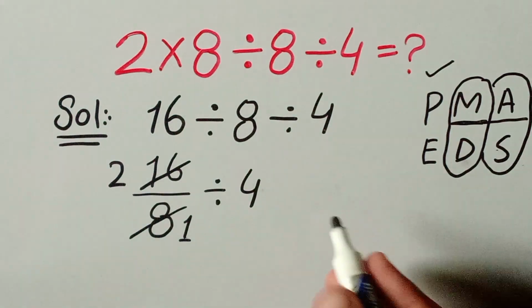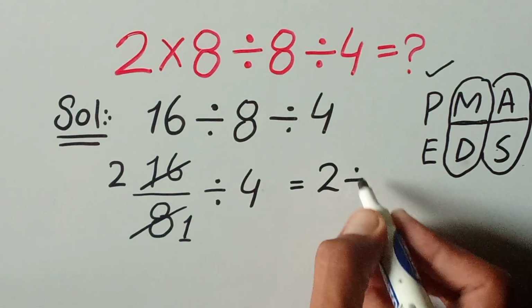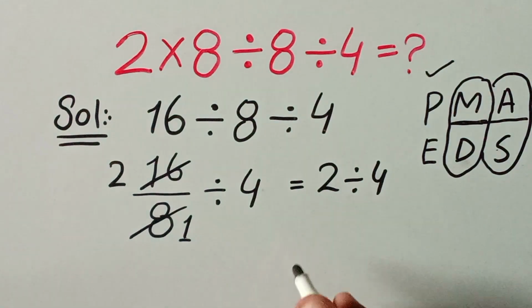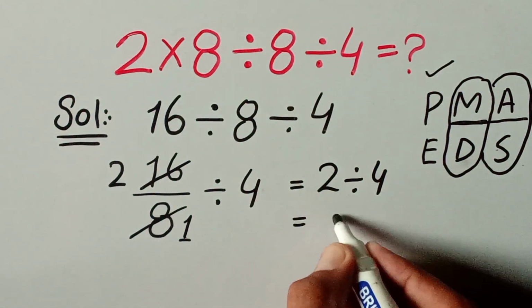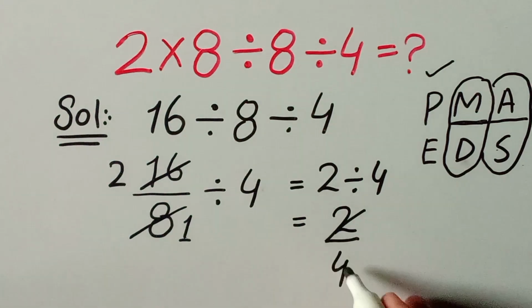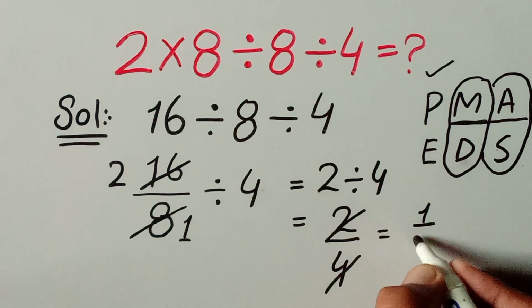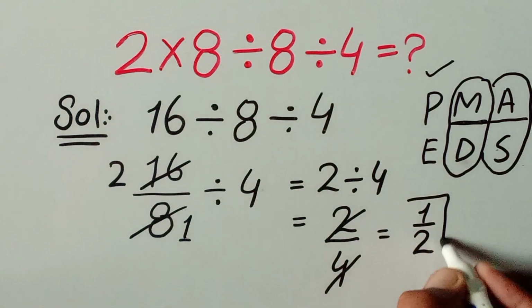Now here I will write it as 2 divided by 4, and simplify it further. Here 2 and 4 cancel with each other, and the final answer of this expression is 1 divided by 2.